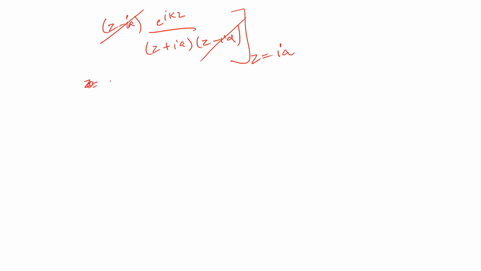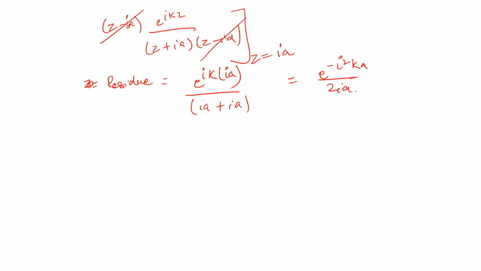So the residue value will be e raised to the power iota k, with z replaced by iota a, over iota a plus iota a. It is equal to e raised to the power minus ka upon 2 iota a.